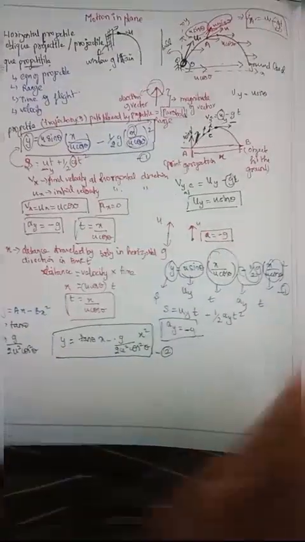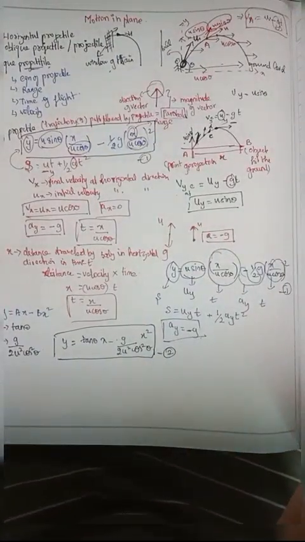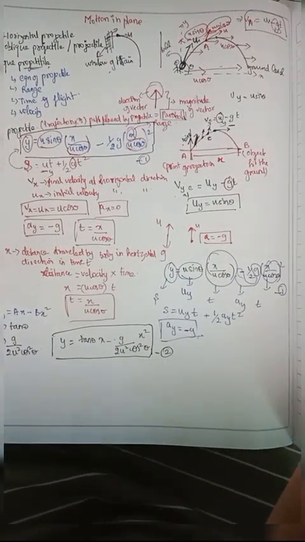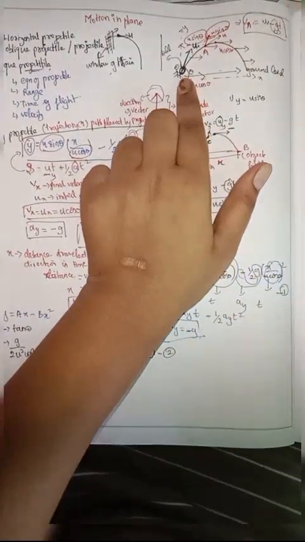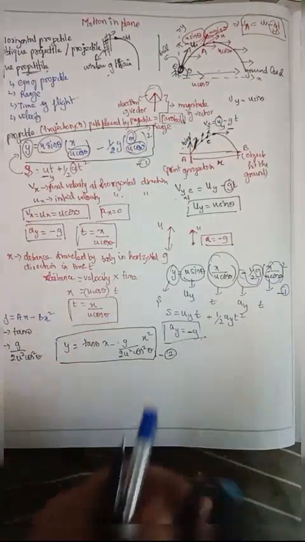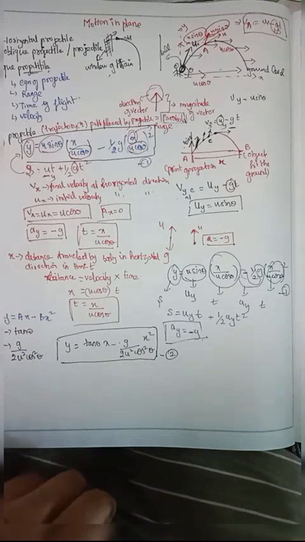As I said before, you can consider in this equation itself, the x distance is the range. The distance between the point of projection and the ground level where the object hits the ground is known as the range. That derivation of the equation we are going to see now.